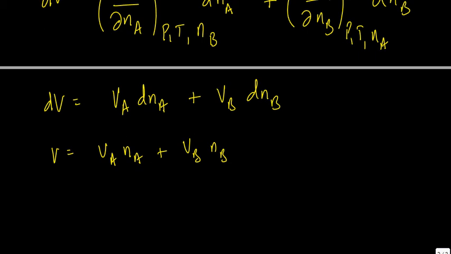So at that composition, I have NA moles of A and NB moles of B. For that composition, I just have to multiply NB by the partial molar volume of B and NA by the partial molar volume of A, and I integrate this.